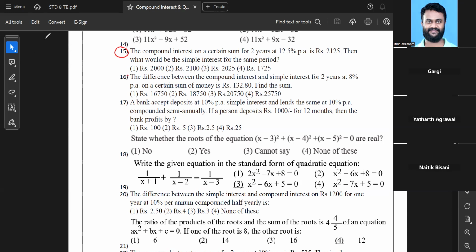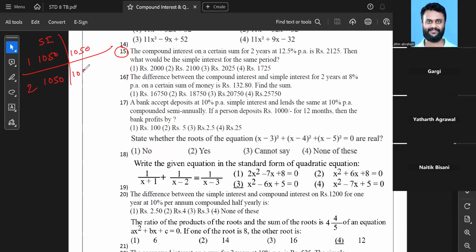So 2100 simple interest for 2 years. First year, second year. When I divide it in half, it goes as 1050 and 1050. The compound interest for the first year is 1050 obviously.